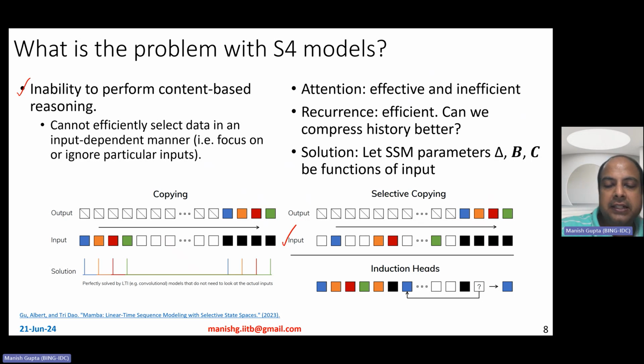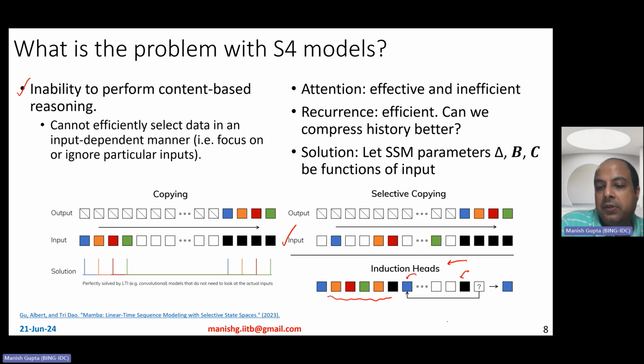Okay. Yet another kind of task is called the induction head task. The idea is that if in the input you observed some part, and let's say at some point you observe the black box again, your associative memory should tell you that after black, blue comes in.